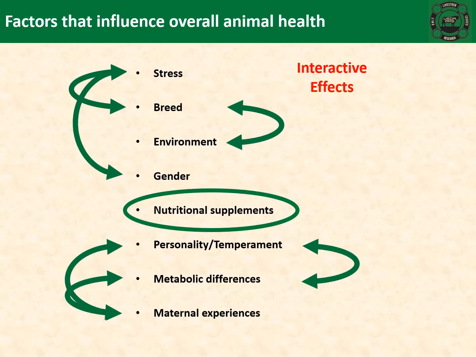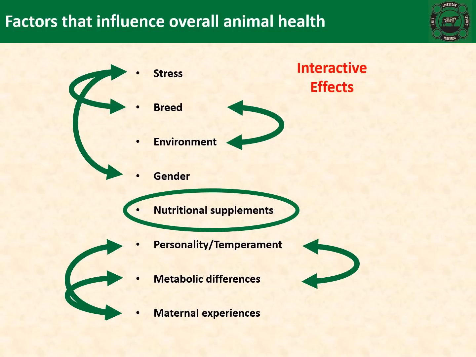Over the years, our group has been investigating various factors that influence the immune system and overall health in cattle. As we have continued these efforts, we have identified all of the factors listed on this slide as potential mediators of immune function. Likewise, we have often found that there are interactive effects among many of these factors.